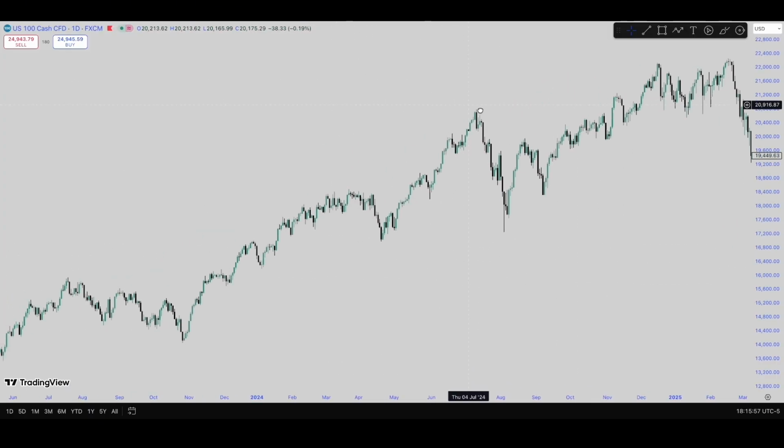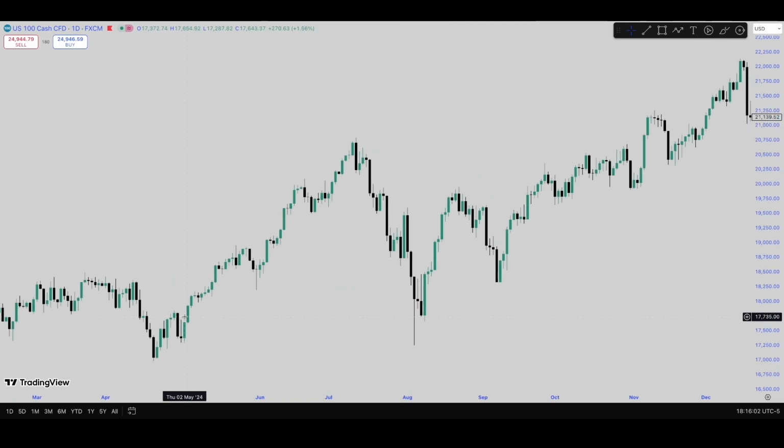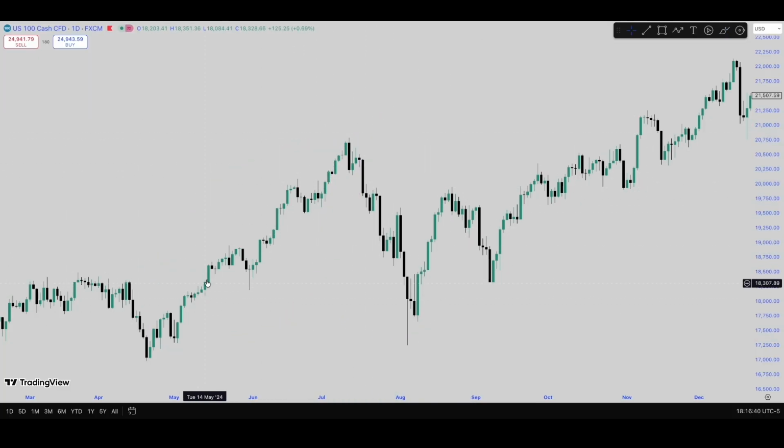All right, this one is kind of temporary, but this will do. That's all we're looking for. We're not looking for how long the uptrend is or how long the downtrend is. We're looking for the transition of an uptrend going to a downtrend. Uptrend here, downtrend here. You can see the expansion to retracement to an expansion to a retracement.